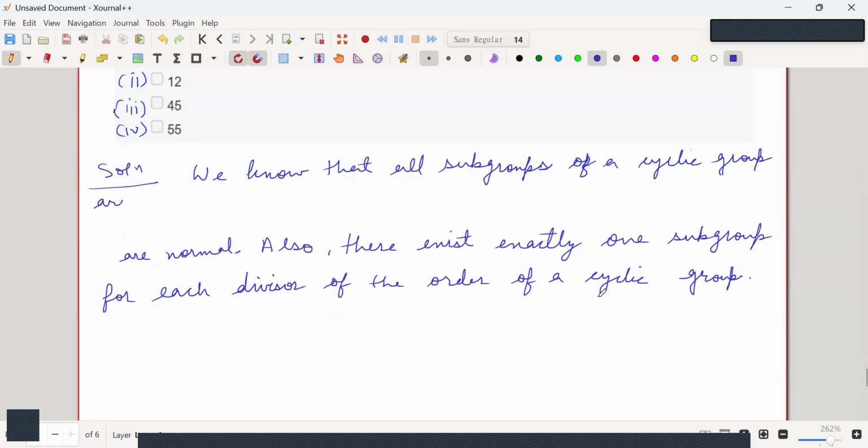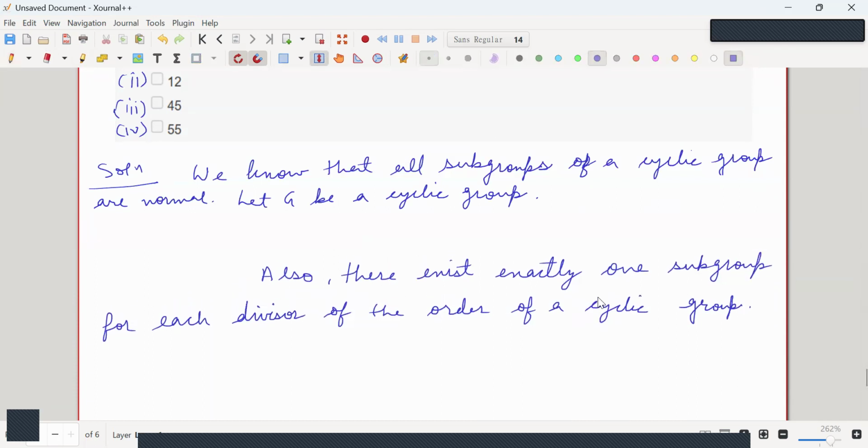So normal, that is fine. So let G be a cyclic group, right? I will just rewrite this.